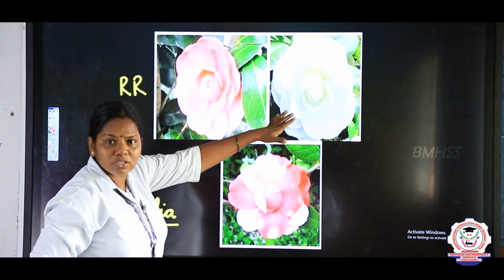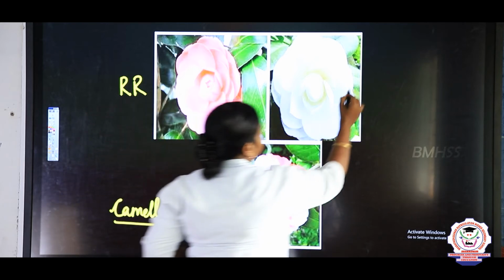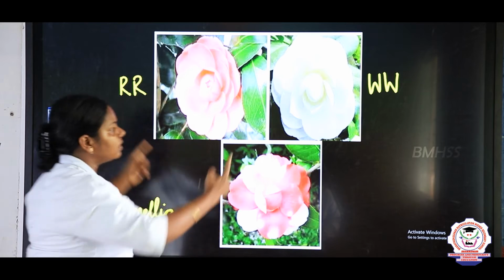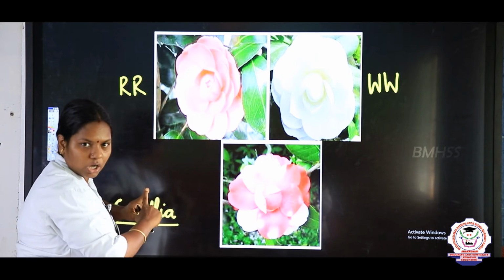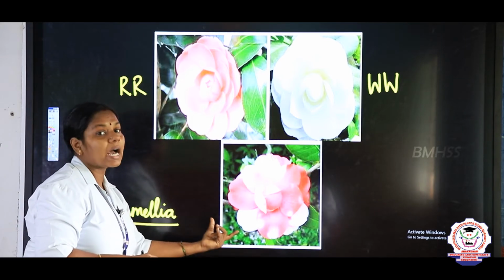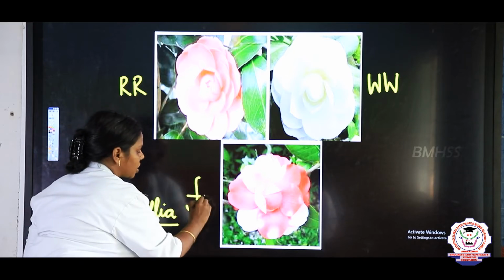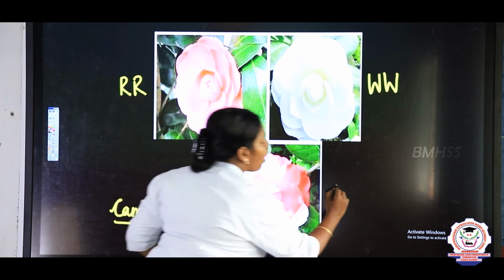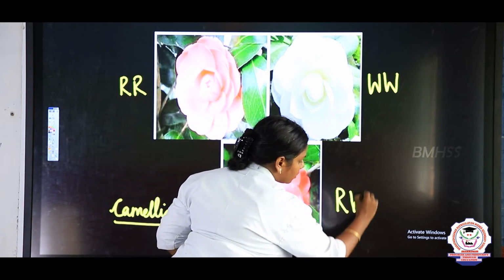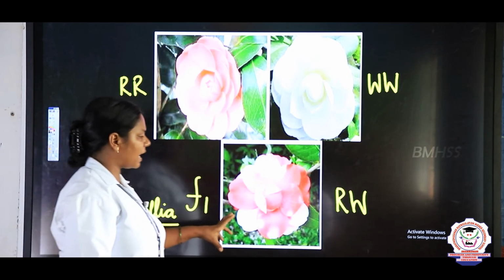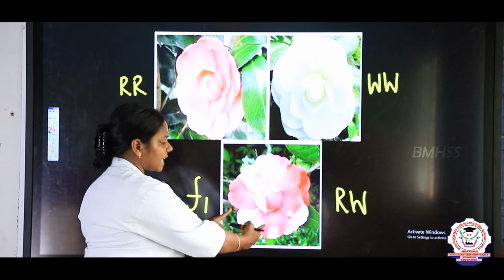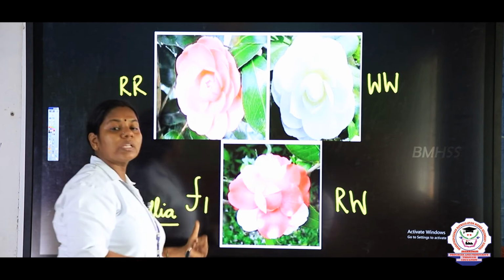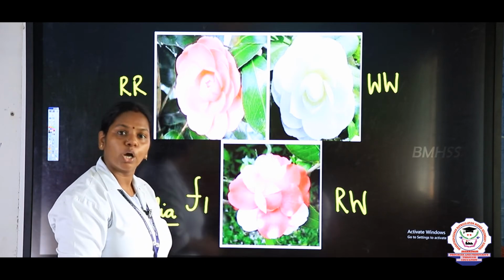Likewise, white color is also dominant, and we can express the allele as W. When both dominant parents are crossed, in the F1 generation the hybrid is of the genotype RW. So this flower in the F1 generation has the characteristics of both the red flower and the white flower. So camellia is an example for codominance.